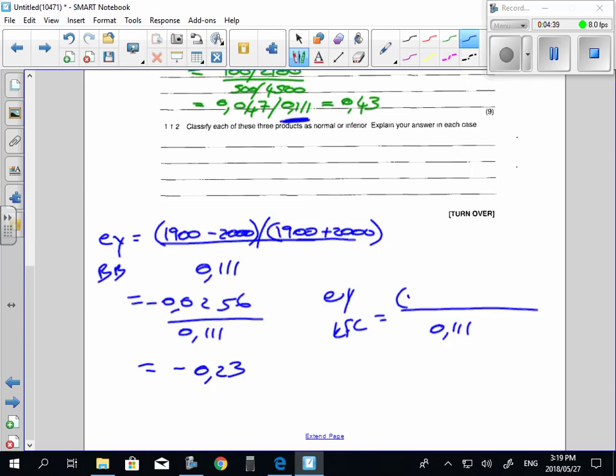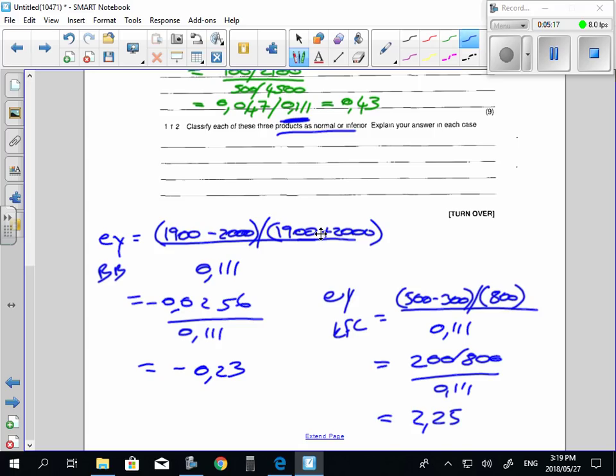So Q2 500 minus your 300, all divided by 800, which is your 500 plus your 300. 200 divided by 800, 2.25. Okay, so your income elasticity for KFC, 2.25, income elasticity for brown bread, minus 0.23, and income elasticity for white bread, 0.43. Then the next question says, classify each of these in terms of normal or inferior product.